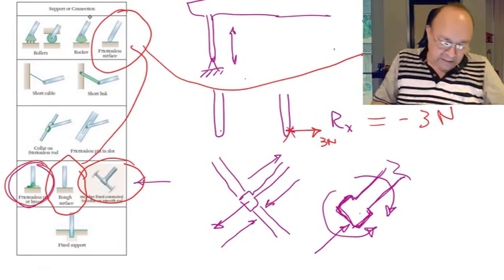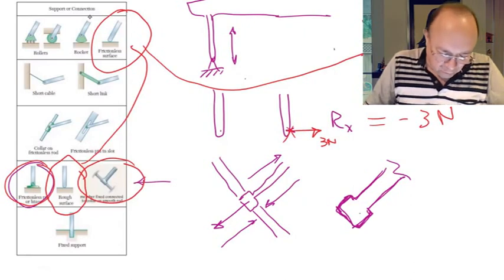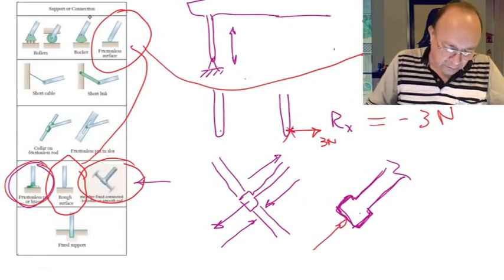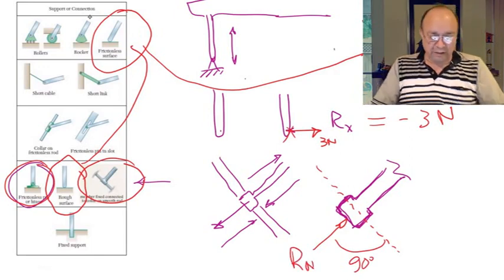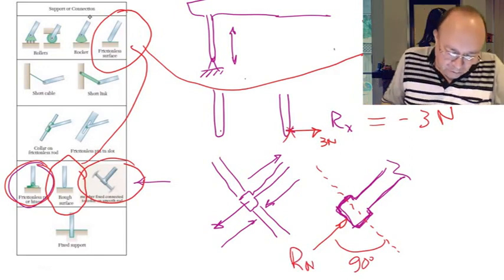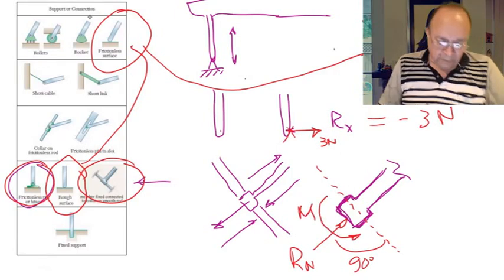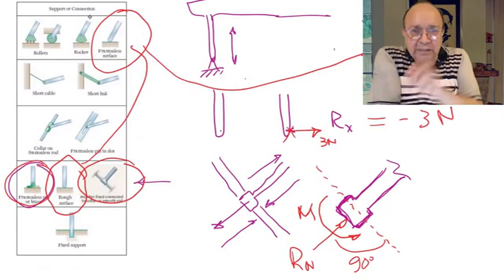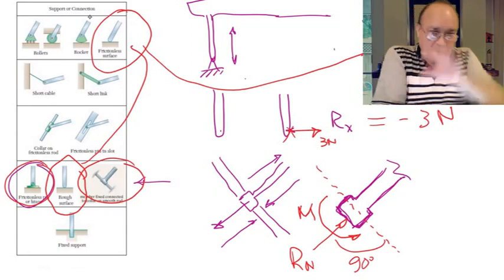So this kind of support is going to have two reactions. One that is perpendicular to the rod. This is the direction of the rod, so this is 90 degrees. This is the reaction. Let's call it normal because it's perpendicular to the rod. And there will be also a moment that this type of support is going to oppose to the rotation of that element.